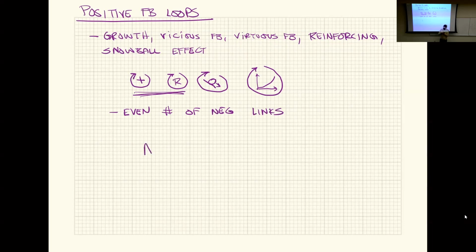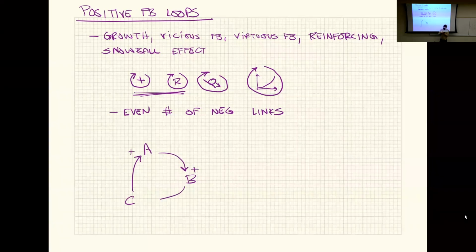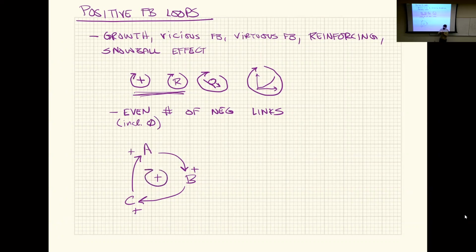So we could have something like A, B, C, and all of these are positive. So 0 is included in even. This is including 0. And so that's a positive feedback loop, but so is D, E, F, G. That's a positive feedback loop.